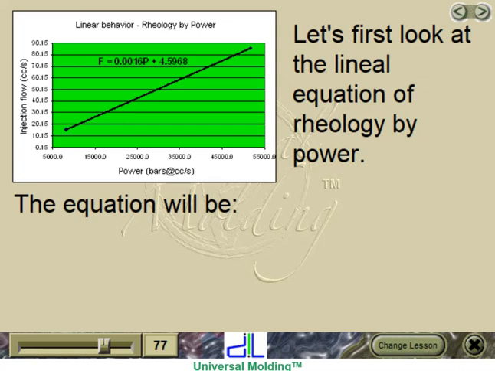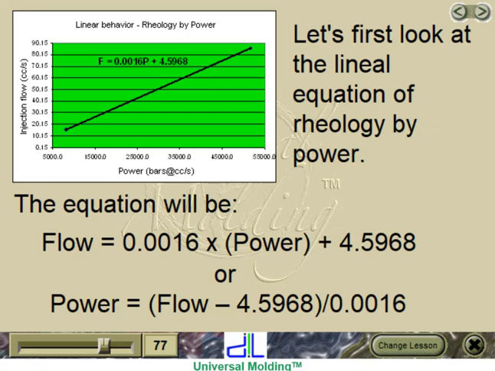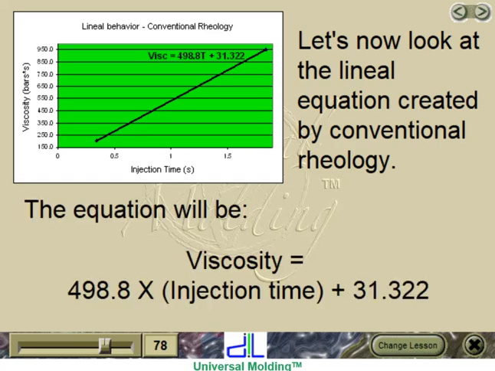The equation will be flow equals 0.0016 times power plus 4.5968, or power equals flow minus 4.5968, all divided by 0.0016. Let's now look at the lineal equation created by conventional rheology. The equation will be viscosity equals 498.8 times injection time plus 31.322.